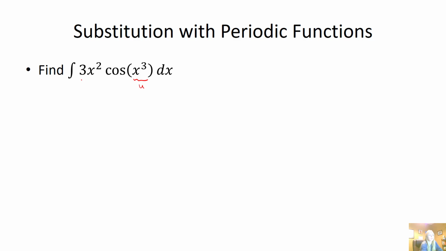Why? Because look, that's the derivative. And so that's the key, is you're looking ahead. When I take the derivative, will it be, besides a constant, the leftover piece? Well, this one's perfect. It is the leftover piece.